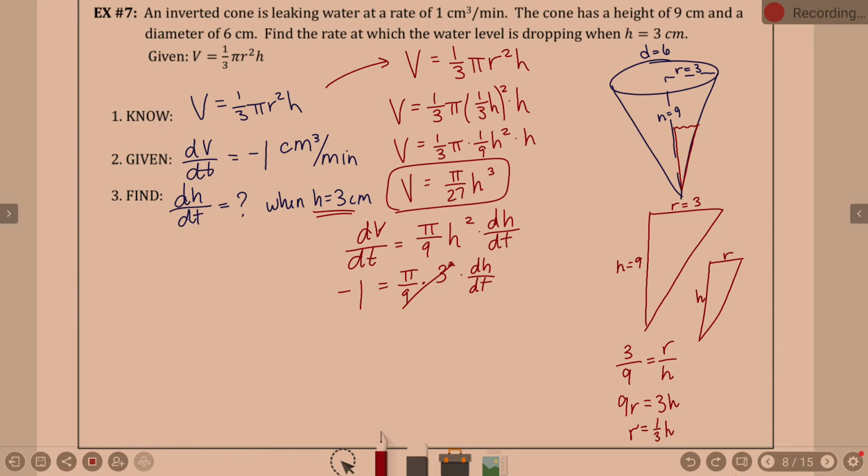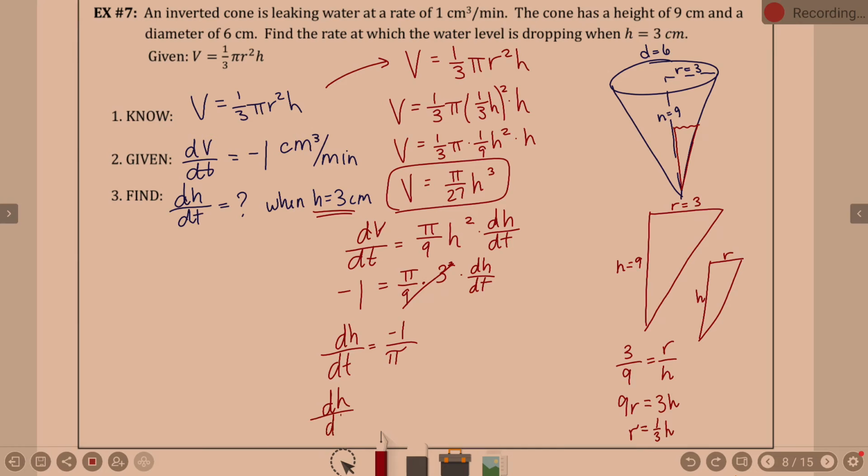Can I divide the pi over to the other side? dh/dt is -1 divided by pi. Depending on the problem, you could leave it as -1 over pi, or you could go the decimal route. Okay, I have both in my notes.